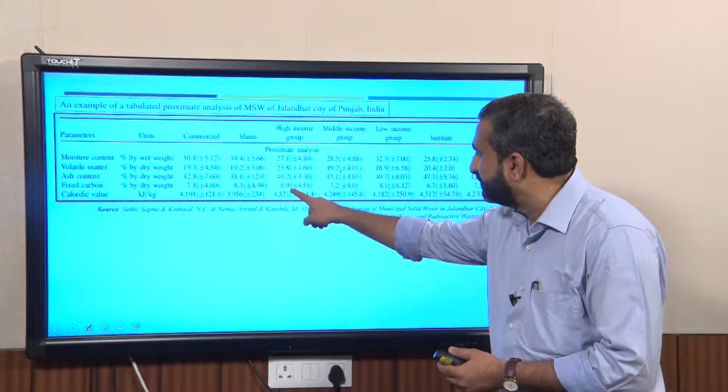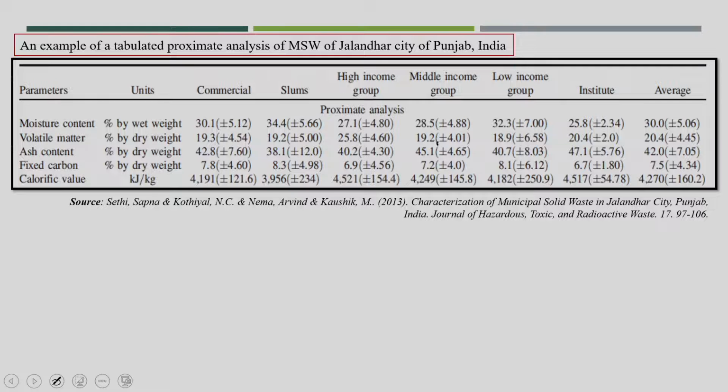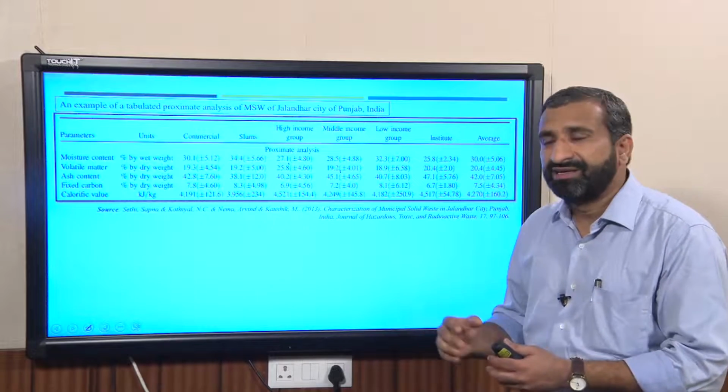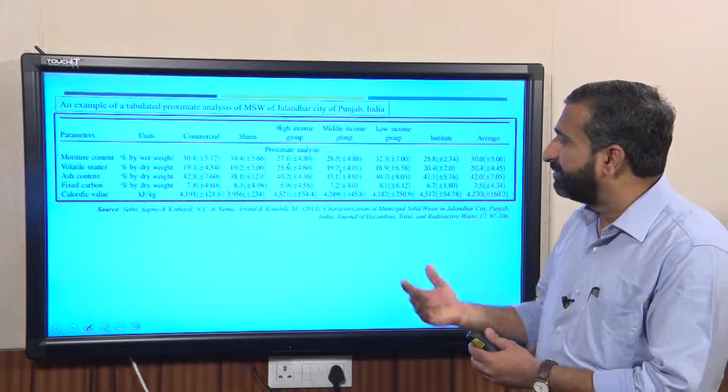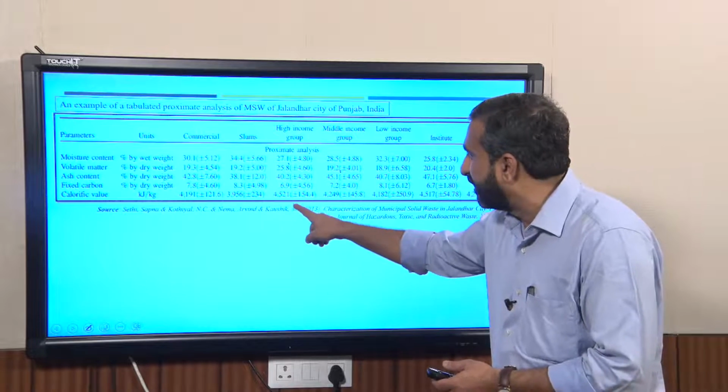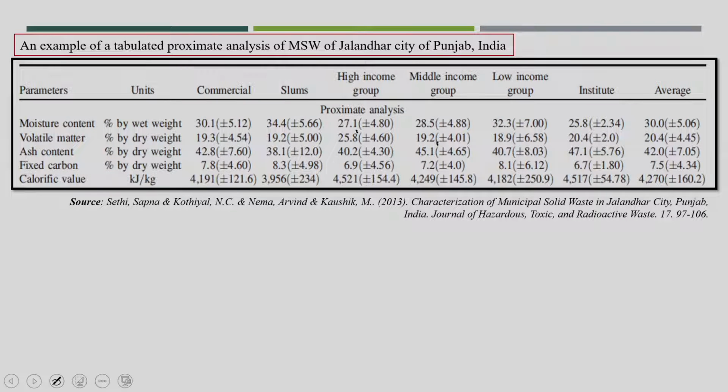You see the fixed carbon 6.9, 7.2, 8.1. It increases in the low income group area compared to the high income group area. Similarly, the moisture content is very low in the high income group area and higher in the low income group area. Likewise, with different areas, you will see different proximate analysis, and even the calorific value of the waste changes in different areas.